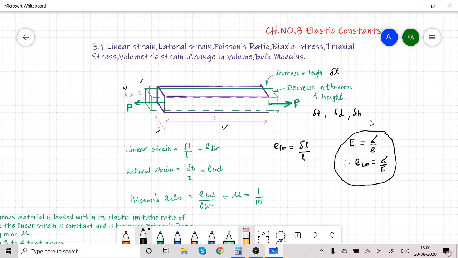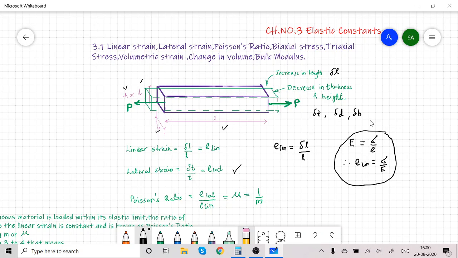It is required afterwards. Now, as I told you, due to this axial tensile force, there is reduction in cross-sectional dimension, that is lateral dimension. Then the change in lateral dimension divided by original lateral dimension is known as lateral strain, E lateral.